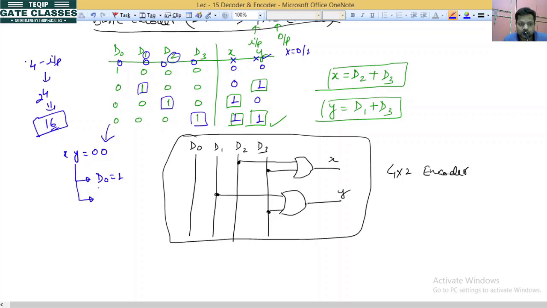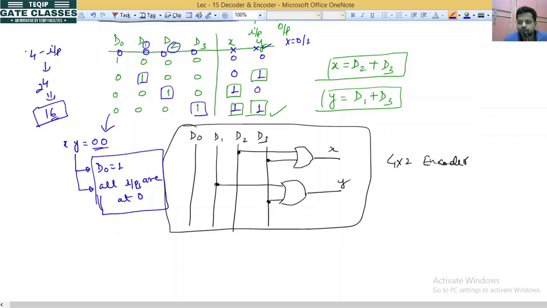So the second time we got XY as 0 0 is when all inputs are at 0. Now this is also a drawback of this basic encoder. So we have to eliminate these two drawbacks in the basic encoder.